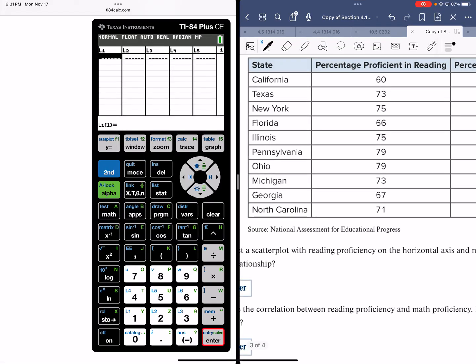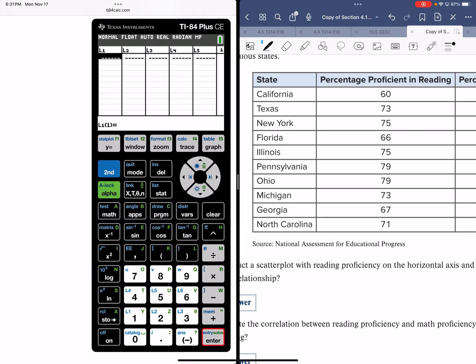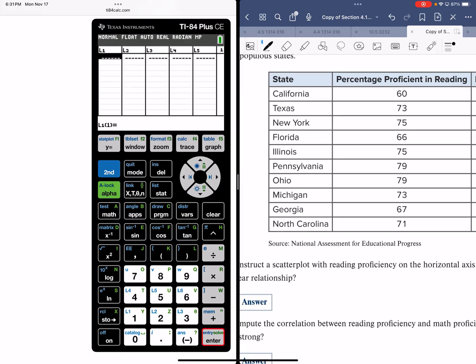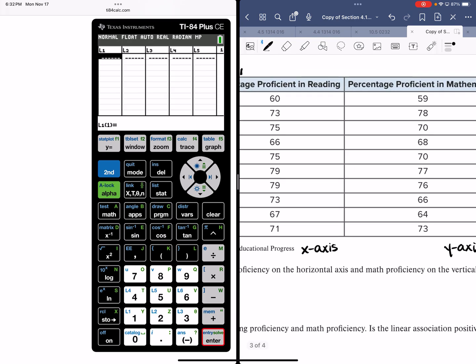So these are my L1s, my reading. My math is L2, okay?